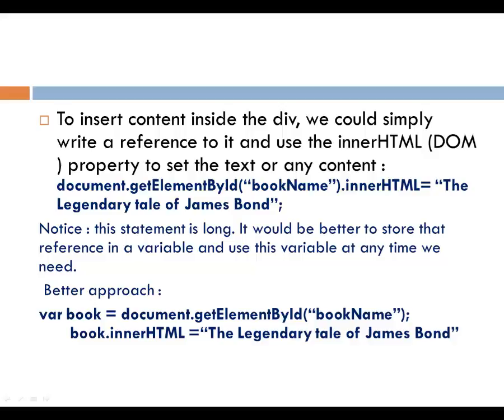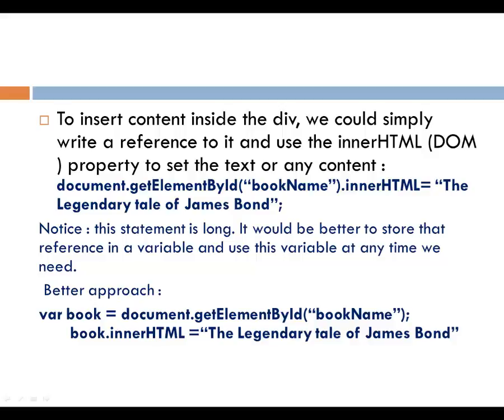We create a variable with the name book, and we pass it the reference to that div, and it is document.getElementById, exactly the same that we did on top here. That's book name, and that is the end, of course, of the statement. So down here now we could simply say book, which is now the name of this variable. We'll say book.innerHTML. So now we are addressing this DOM property in HTML, and the assignment operator is here again. So we'll say equals The Legendary Tale of James Bond.